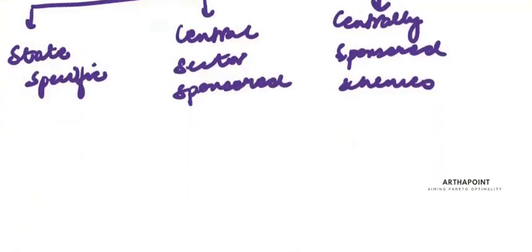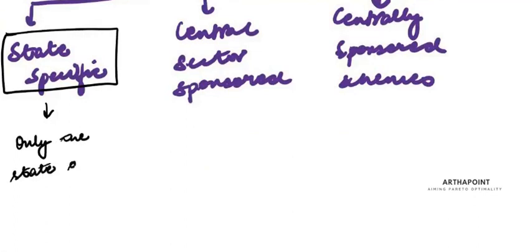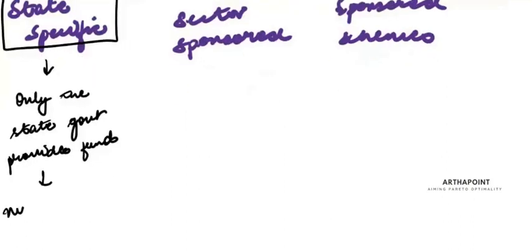Now, what is a state-specific expenditure? A state-specific expenditure is any expenditure where only the state government provides funds. There is no direct contribution of the central government.